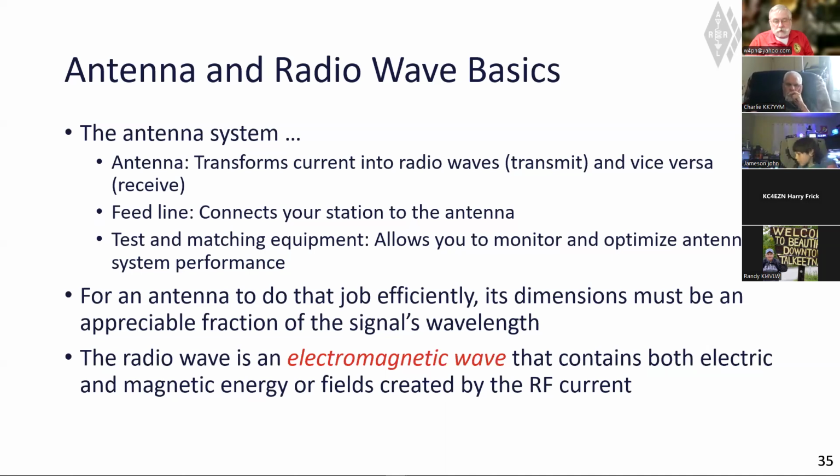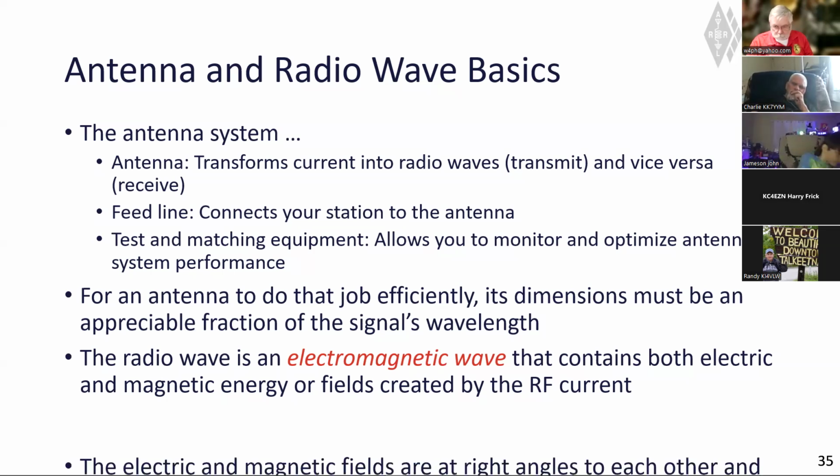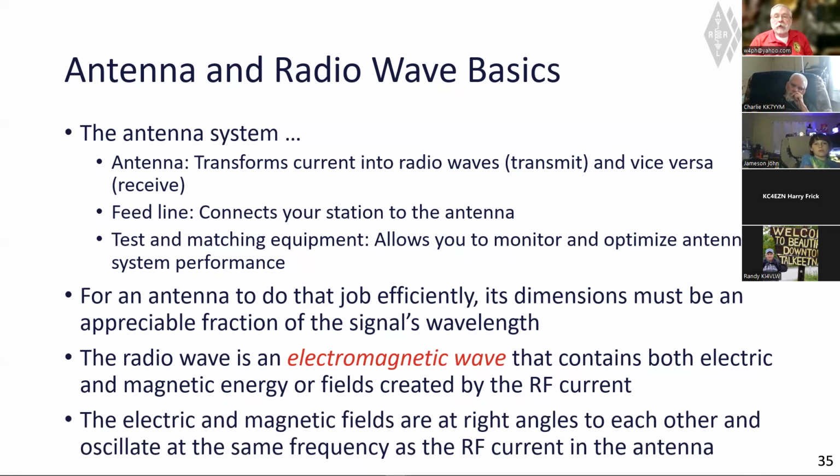And when it diminishes, it generates the magnetic wave. And electromagnetic waves go on forever. They get weaker because they get spread out. The electric and magnetic fields are at right angles to each other and oscillate at the same frequency as the RF current in the antenna.